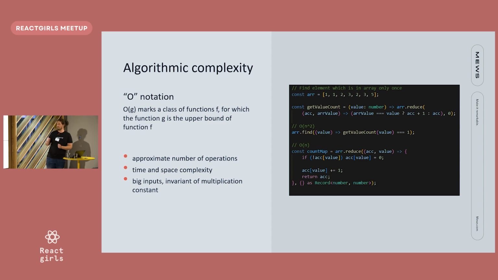However, when you want to find one element, in the worst case, it will take n to the power of 2 time. No, it's bad. You can do it in linear time. This difference is especially visible when you take a bigger input, because it will just freeze your app. And it's just a simple example.